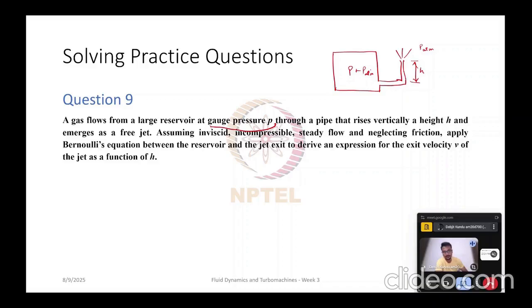You have to derive an expression for that exit velocity v of the jet as a function of h. So another important piece is that, let's say the density of the gas is rho, and since it's incompressible, it's rho inside as well as outside.